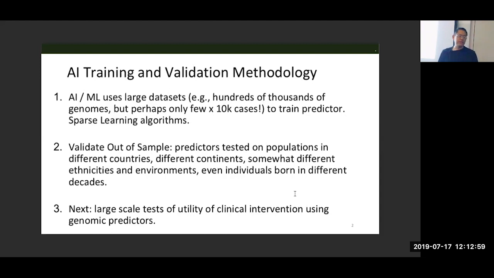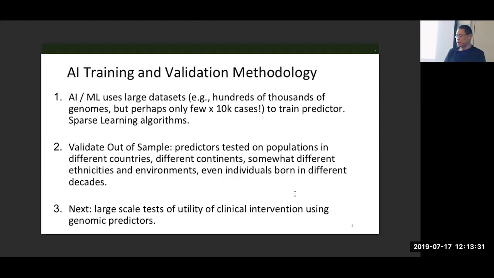Now, to publish results in this field, you have to validate out of sample. Compared to the general level of rigor for biomedical research, this falls on the very high end. We train on a big data set and freeze the predictor, but before you can publish a paper, you must find other populations, people who grew up in different decades or on different continents, and test the predictor on that validation set.